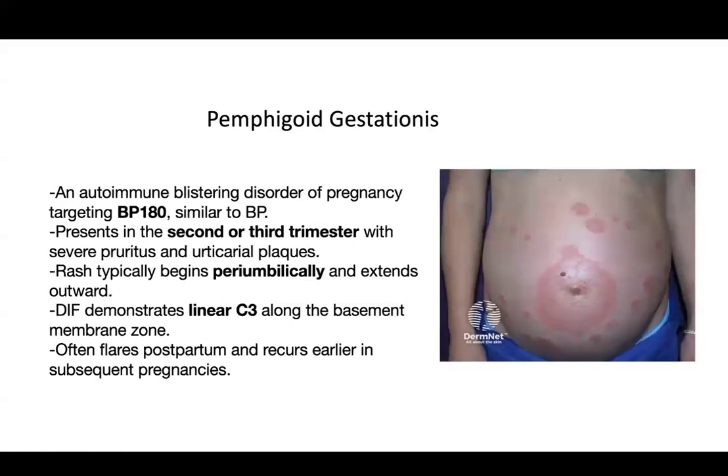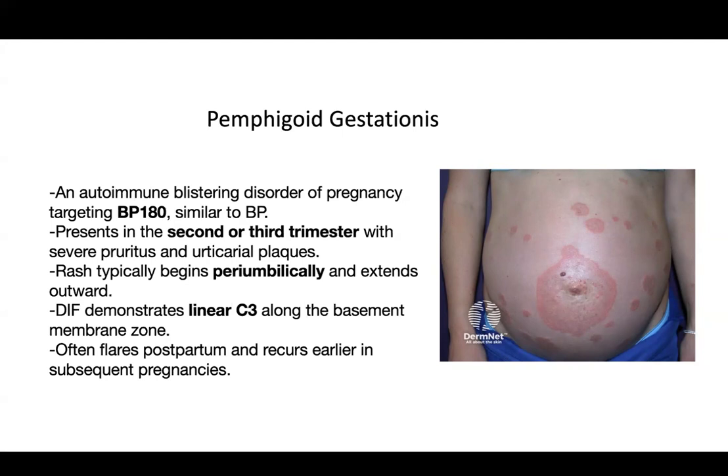Then we have a variant of bullous pemphigoid that occurs in pregnancy. It's called pemphigoid gestationis. It's against bullous pemphigoid antigen 180, and it's also a tense blister that is subepidermally located, usually in the second and third trimester, and the patients have peri-umbilical involvement, which is a typical sign for pemphigoid gestationis.